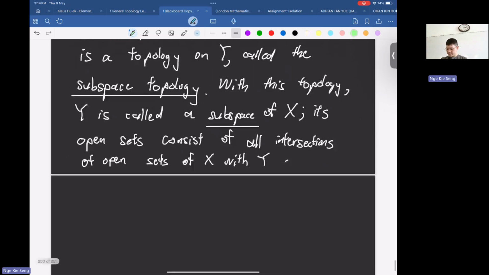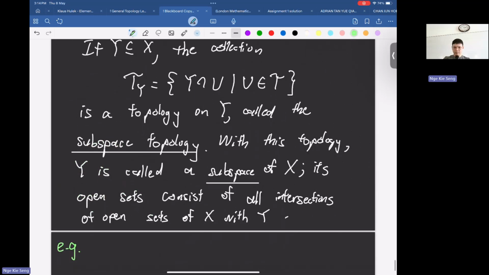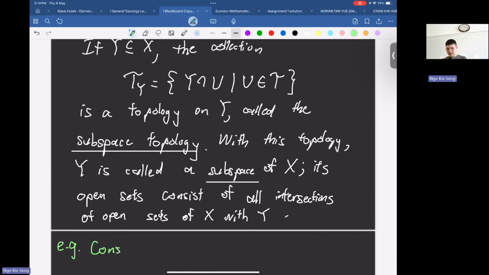So for example, let's look at some subspace here. Let's consider this half open interval in R. Usually when we don't write anything about R, we will assume R has the Euclidean topology, because yesterday I produced different topologies on R, the lower limit and the K topology.